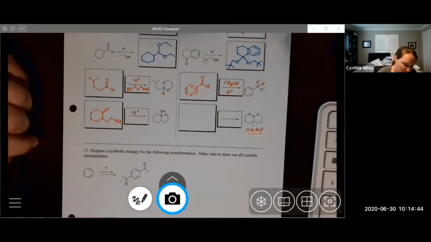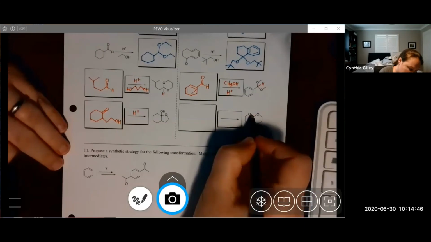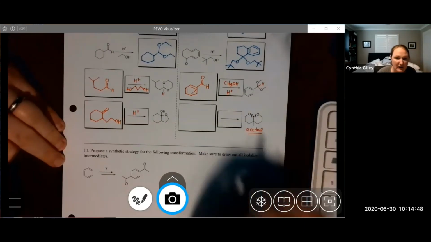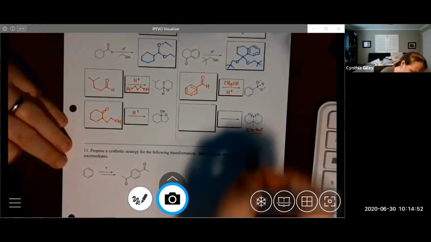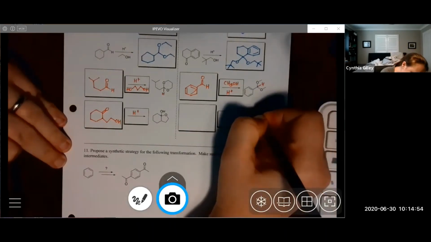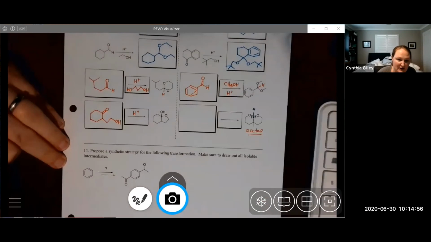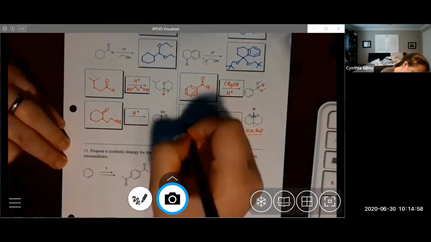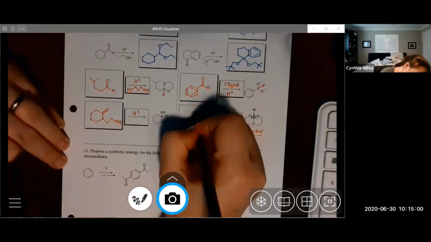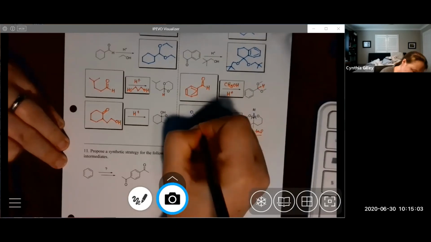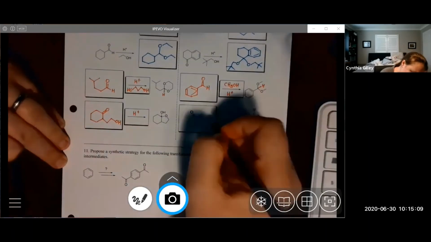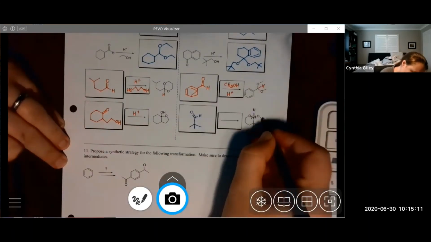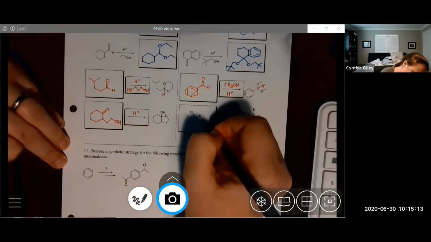So if we break those groups, those are going to be our alcohols, and then put a carbonyl there. What kind of carbonyl? Well, notice that there's a hydrogen attached to that carbon. So it's going to be an aldehyde. Put an aldehyde on that carbon, go off like this, and we have CH2, CH2, CH2, CH2, CH2, and H.